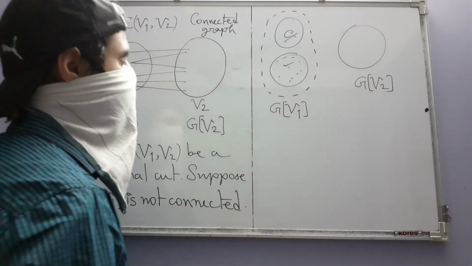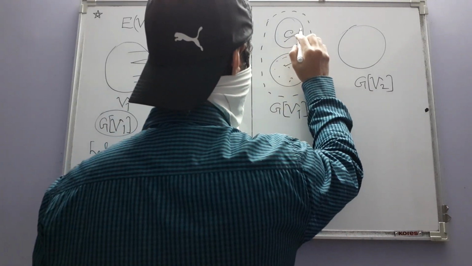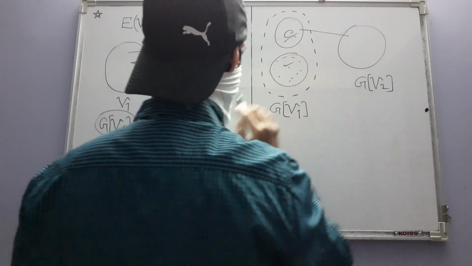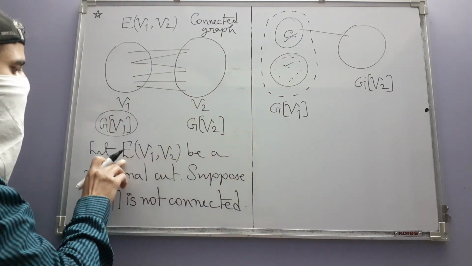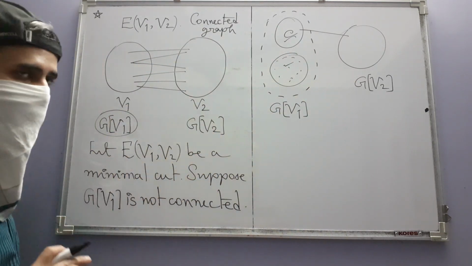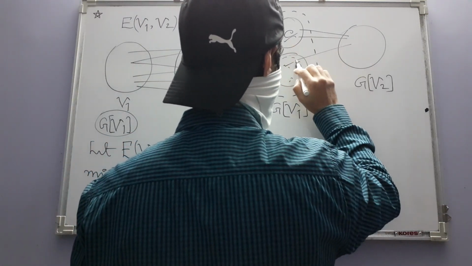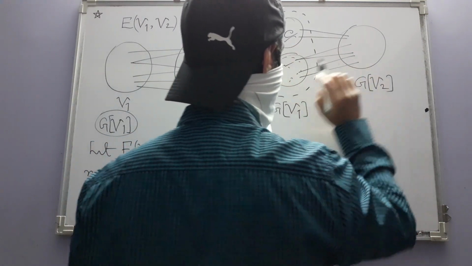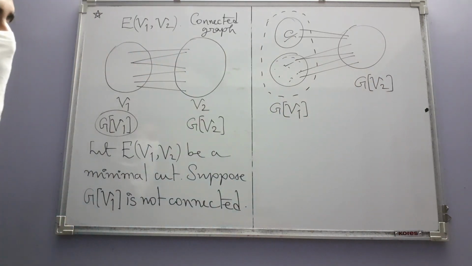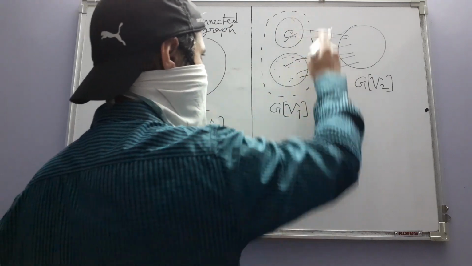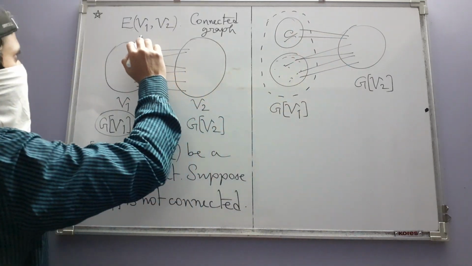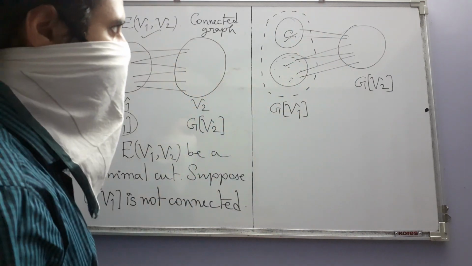So that means whatever edges we originally have in this E(V1, V2), they are like this. So these edges constitute this set E(V1, V2).